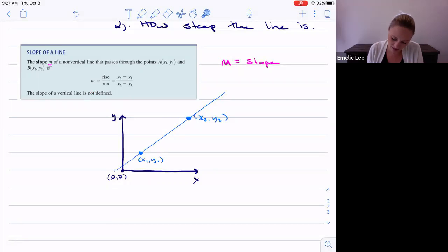Well, the rise is the distance from here up to here. So we take the second point minus the first point of y, and that's where the y2 minus y1 comes from.